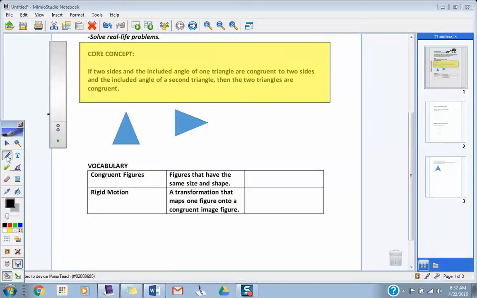I've labeled this triangle up for you. Can you guys help me with my vertices on the first and second triangle? At the very top of the first one, A, B, and C. And then, do you want the tick marks for that one? Not yet. Give me the vertices on the second.